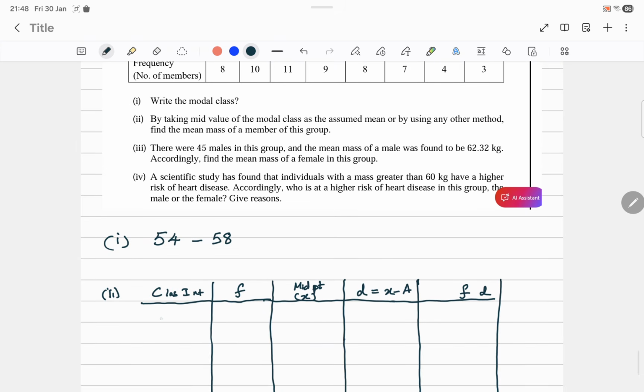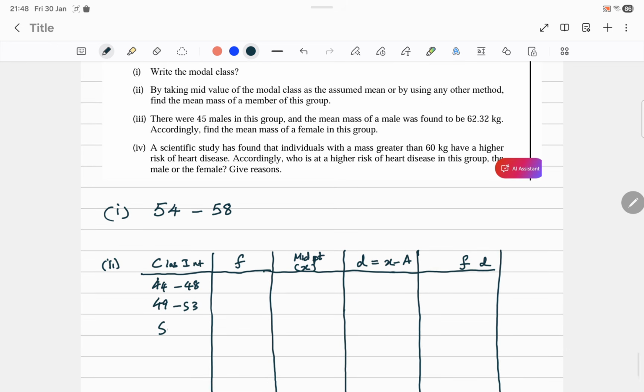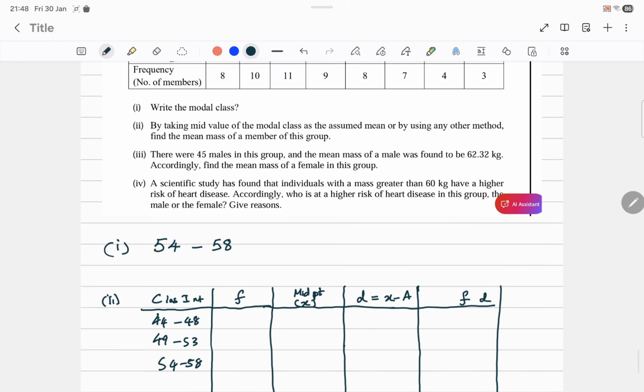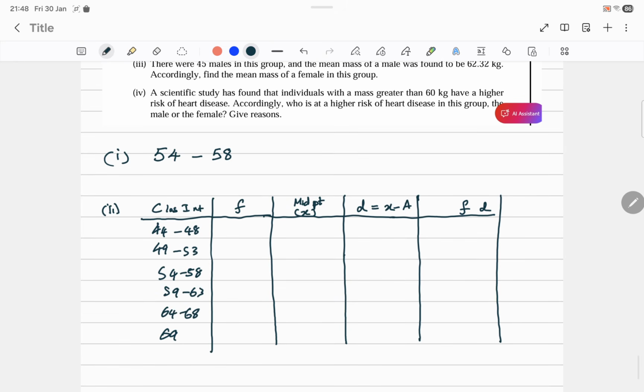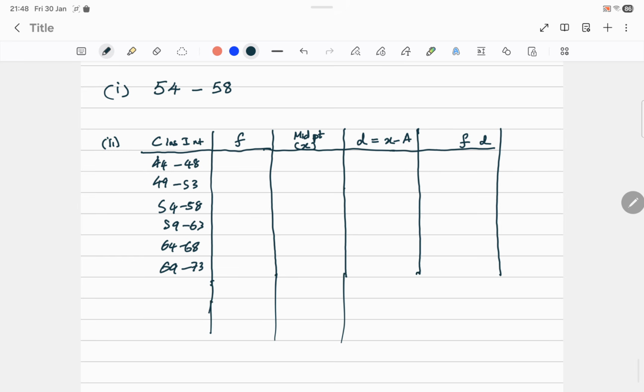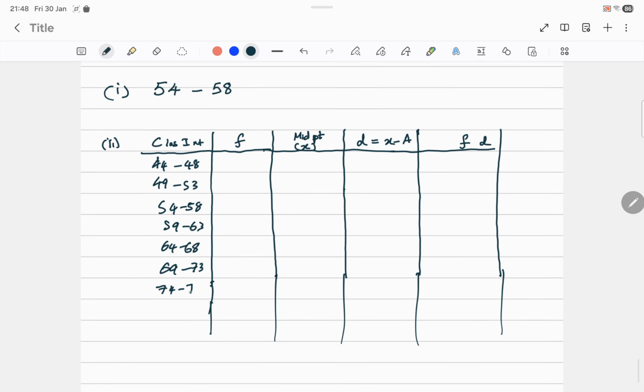So the class intervals are what? 44 to 48, 49 to 53, 54 to 58, 59 to 63, 64 to 68, 69 to 73, 74 to 78, and finally 79 to 83.